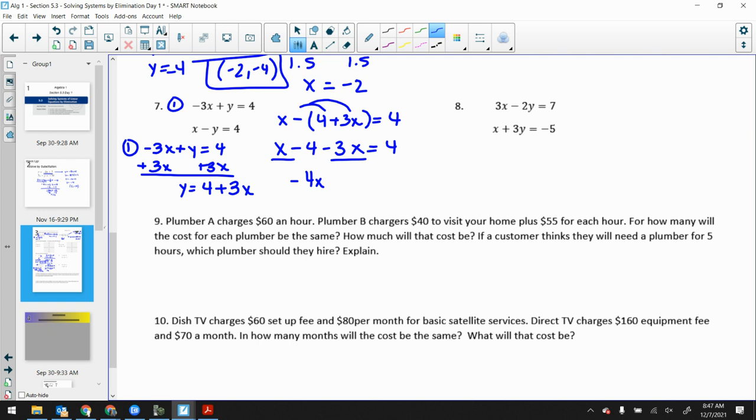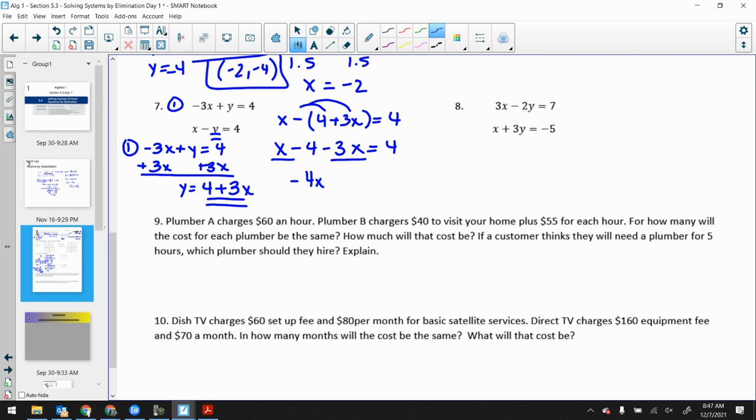That's okay. Well, let's just go over it from here. So we got 4 plus 3x, right? Now that goes in for y. This goes in right here, right? So I say x minus 4 plus 3x is equal to 4. I have to distribute the negative, and that's what is throwing a lot of people off. You've got to distribute a negative when it's a minus sign.